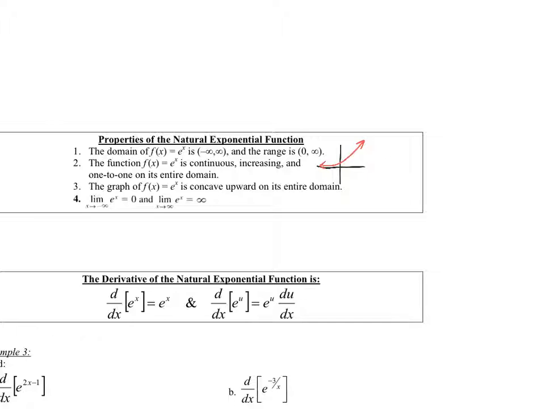I want to use that to prove a couple of the things that we just stated. We know e to the x is continuous. How do we know it's increasing on its entire domain? Well, if f of x equals e to the x, f prime of x, we just said, is also e to the x.